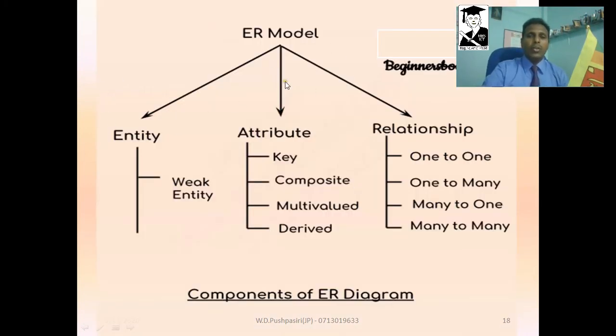Now the ER model you can see here. Entity: you have main entity and weak entity. Attributes: you may have key attributes, composite attributes, multivalued and derived attributes. Relationships: one to one, one to many, many to one, many to many. So these are the relationships that you have in the data.